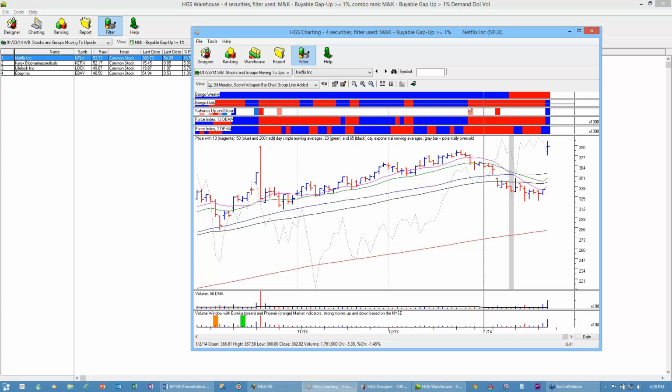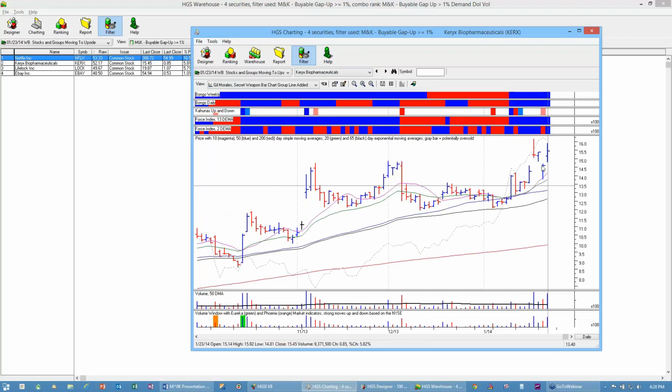Here's where the Bongo Daily turned red. It turned red along with all the other indicators, but the Bongo Weekly did not turn red until it was down here near the bottom. So you need to keep that in mind. These 3 plus the kahunas are short-term indicators. This is a longer-term indicator, the Bongo Weekly.